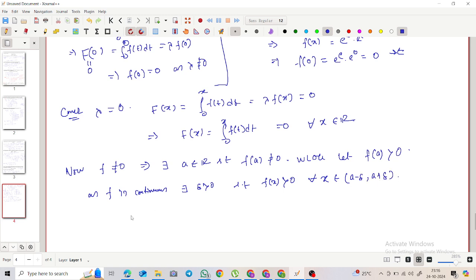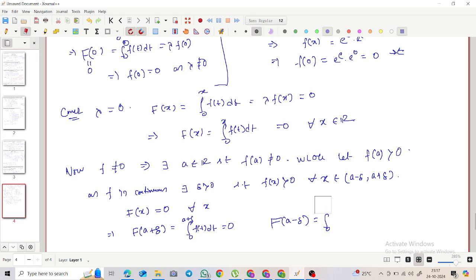But the integral of f is 0 for all x, this implies the integral from 0 to a plus delta of f(t) dt is 0, and the integral from 0 to a minus delta of f(t) dt is also 0.